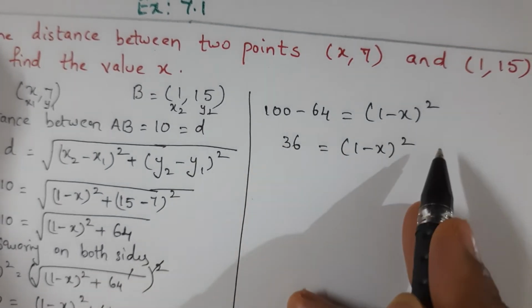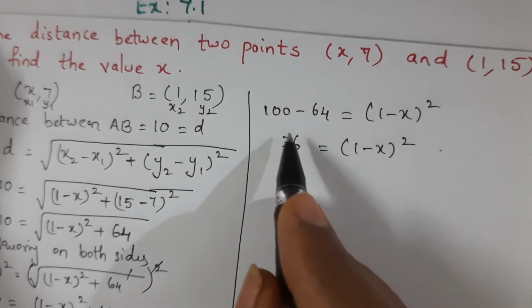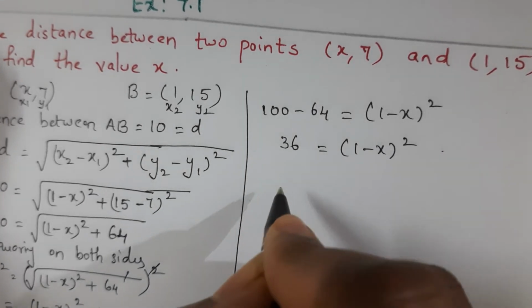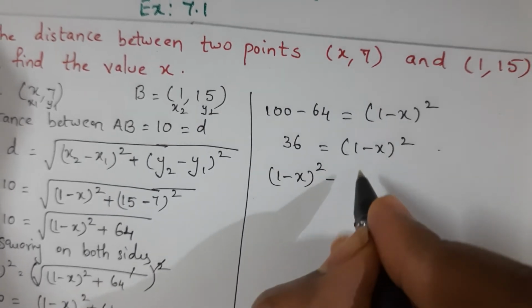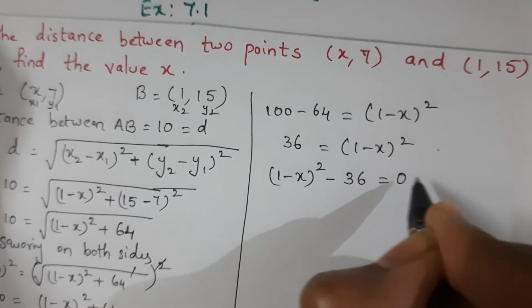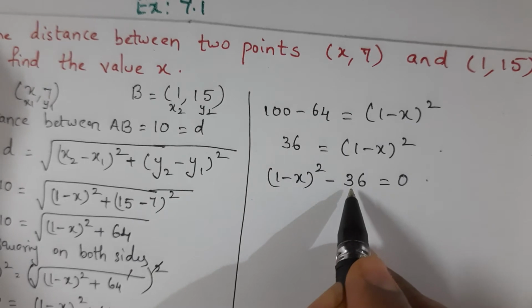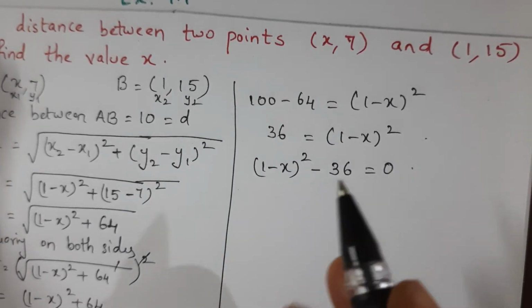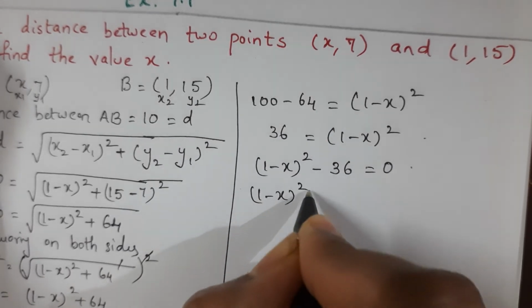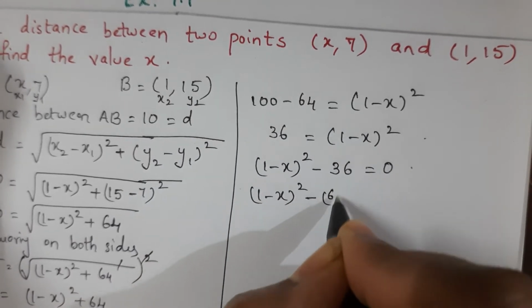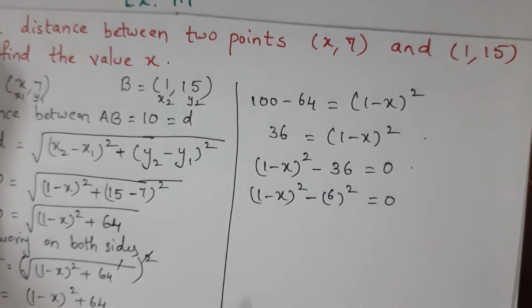So bring this 36 to the right hand side and then here will be 0. Therefore 1 minus x whole square minus 36 is equal to 0. This 36 can be written as 6 square. So 1 minus x whole square minus 6 whole square is equal to 0.